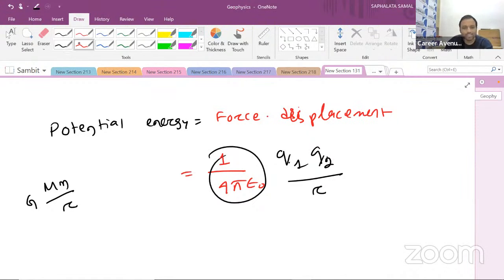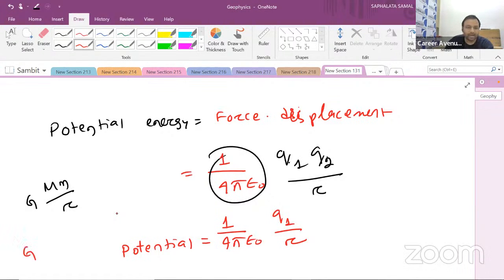Similarly, we have electric potential, which will be equal to 1 by 4 pi epsilon naught Q1 by R. My gravitational potential was what? G m by R. Remember? This is K Q1 by R. The force, field, potential energy, potential will be exactly identical.